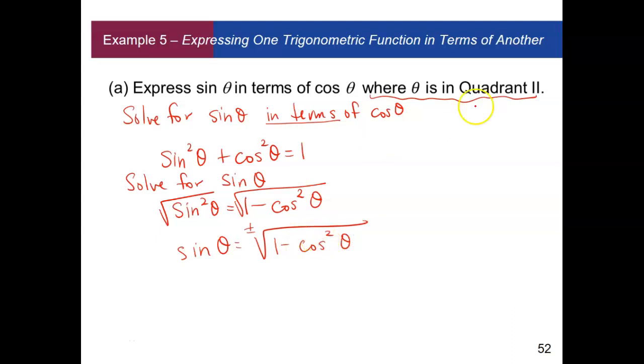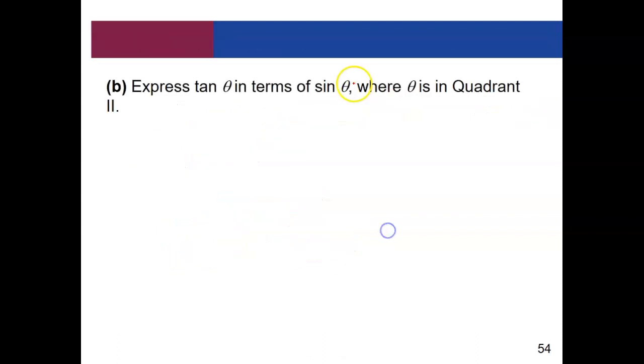Okay, if we're in the second quadrant, we know that the coordinates are negative, positive. So sine is positive, so that tells me that I'm not going to need this negative here. It's just going to be a positive, and so you can actually not even write the positive, and this would be my answer here in terms of sine.